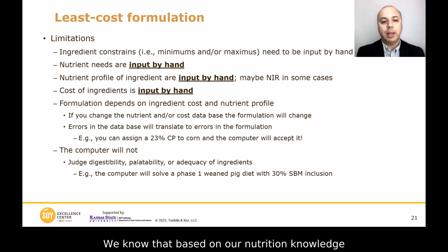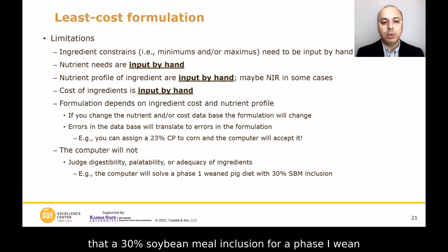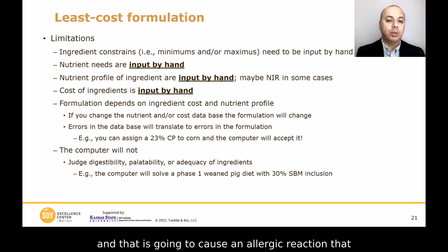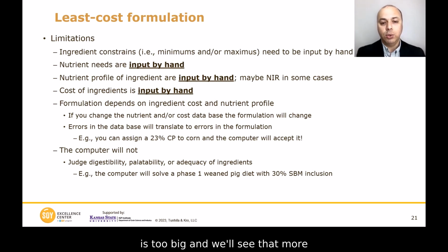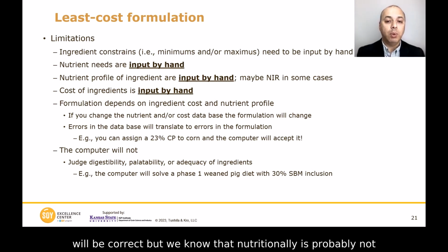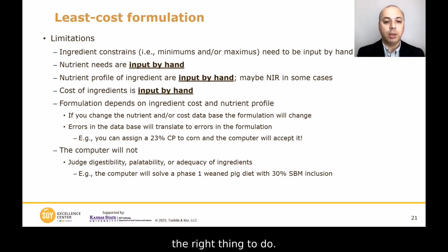We know that based on our nutrition knowledge, that a 30% soybean meal inclusion for a phase 1 weaned pig diet will be absolutely disastrous, and that is going to cause an allergic reaction that is too big, and we'll see that more in detail in further talks. But basically, that is something that mathematically will be correct, but we know that nutritionally is probably not the right thing to do.